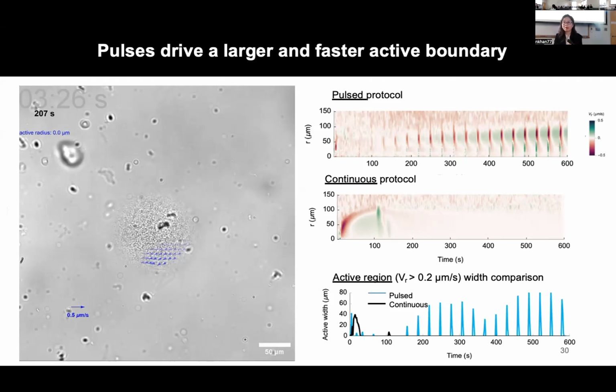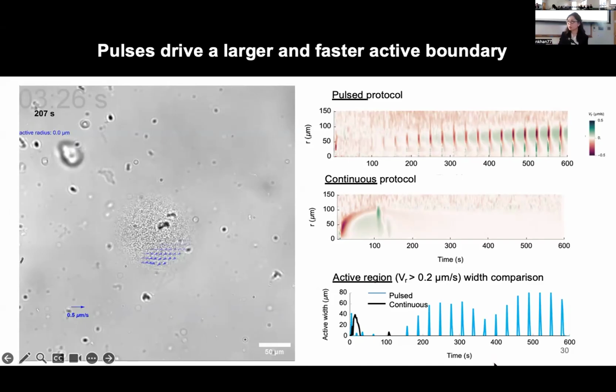To do one more quantification to understand that, we define the radial velocity. If it's above 0.2 micron per second, we define it as an active region. And for the active region, what we find out is that for the continuous protocol, they're only showing this active region in the initial 30 seconds, and then they slowly die down.